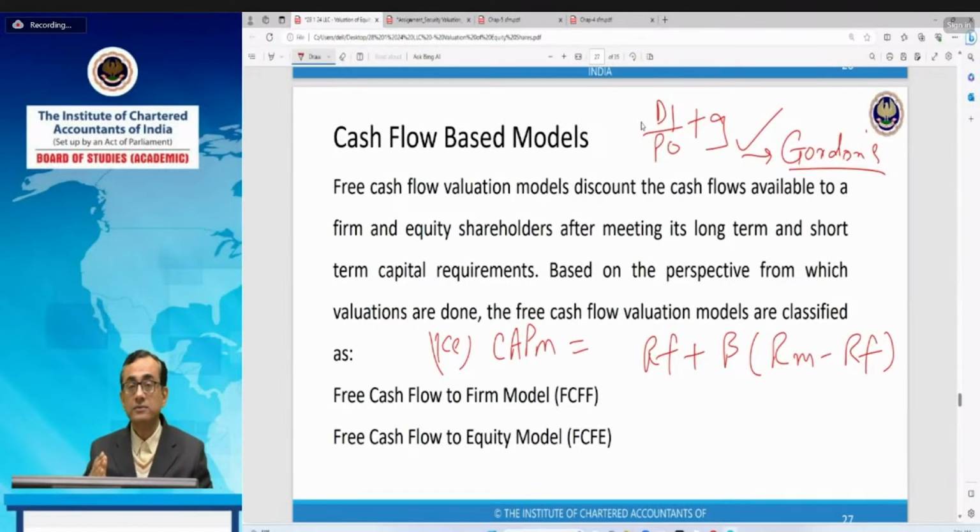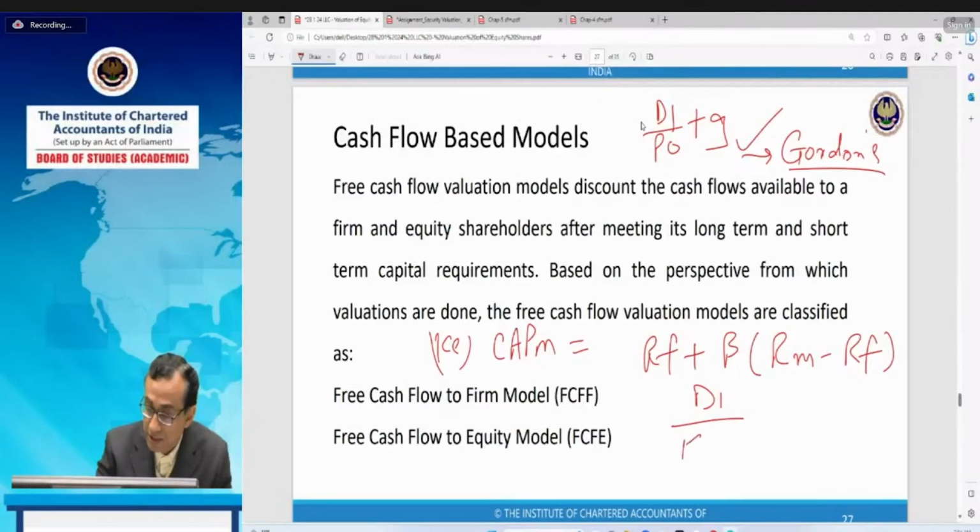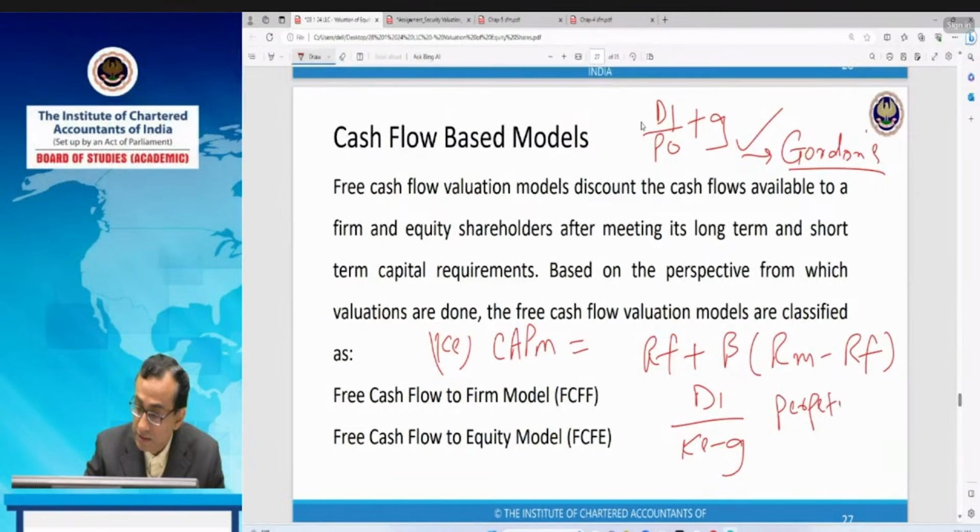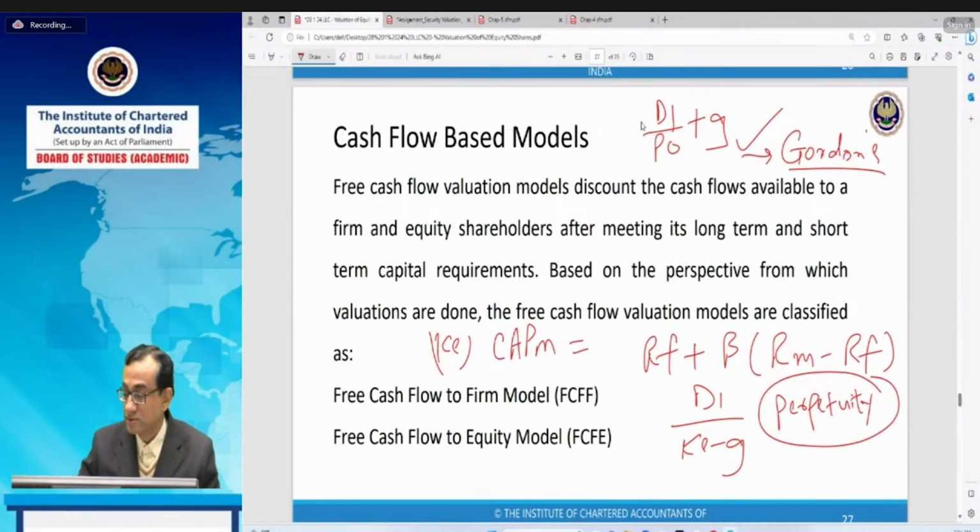Then if the investor wants to hold the shares of a company for a long period of time, Gordon's formula, D1 upon KE minus G, is used. This formula is used when it is assumed that the growth rate of the company will continue for a long period of time, till perpetuity, indefinitely.